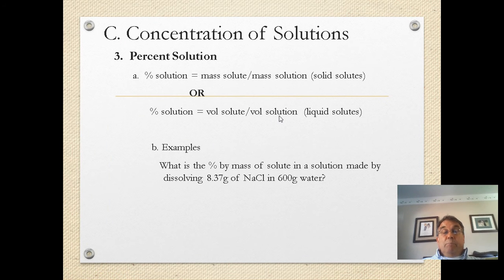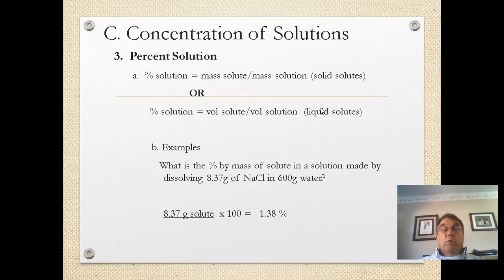In the case of a percent solution, oops, I'm getting ahead of myself. The part will be the solute and the whole will be the whole solution. So if we ask the question, what is the percent by mass of a solute in a solution made by dissolving 8.37 grams of salt in 600 grams of water?